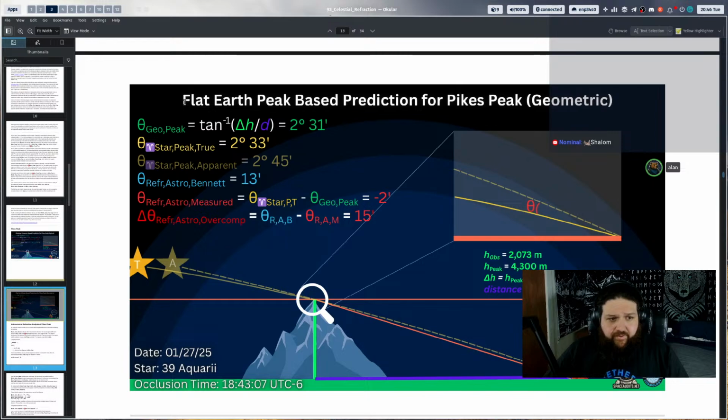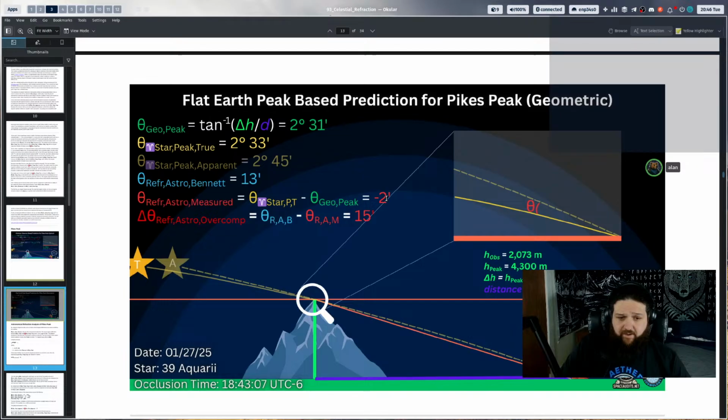Now we have the flat Earth prediction. Rise over run to the peak gives us 231. The star's true position with respect to the peak was at 233. The prescribed refraction per Bennett is 2 degrees 45 arc minutes, 13 arc minute refraction. Now they have an actual measured difference here.